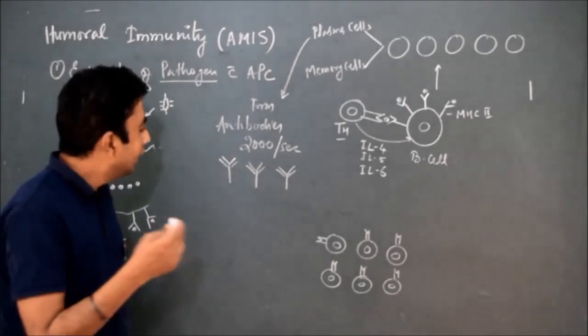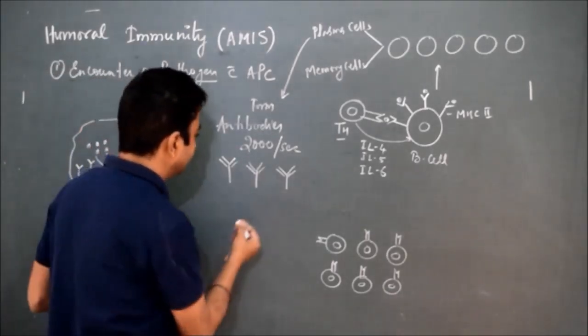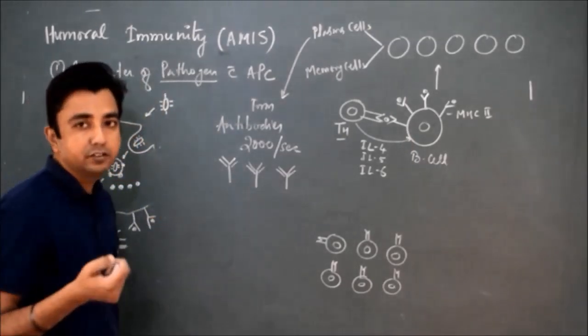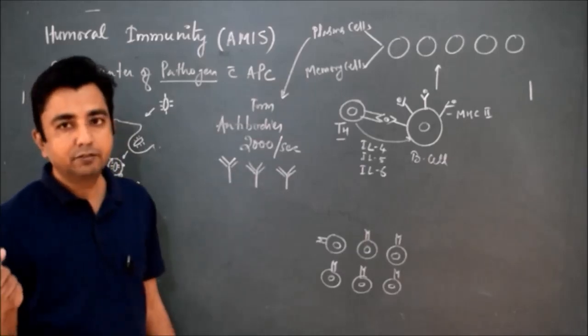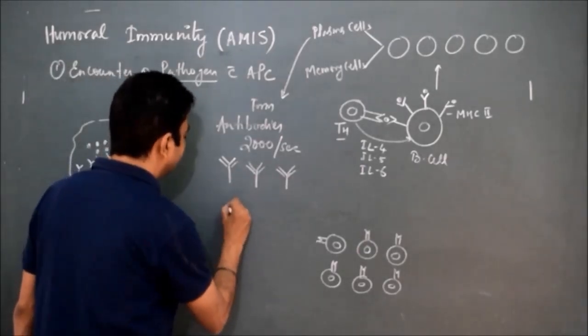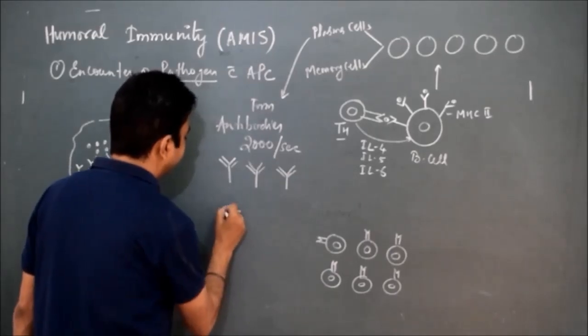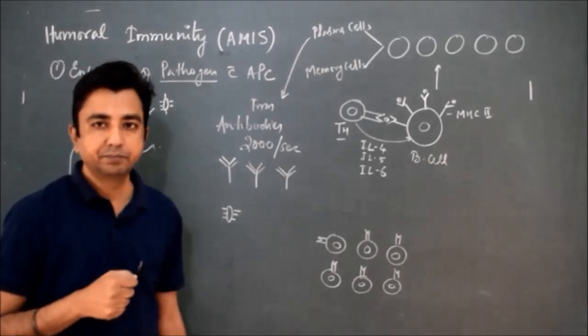Now, if antigens or pathogens are present in the blood, and as we have taken an example of bacteria, suppose bacteria are circulating in the blood.